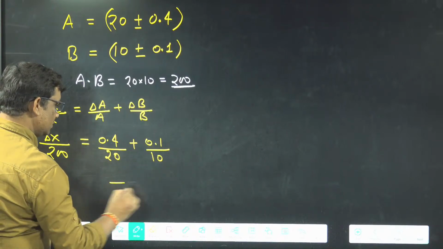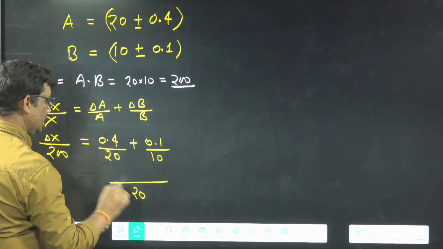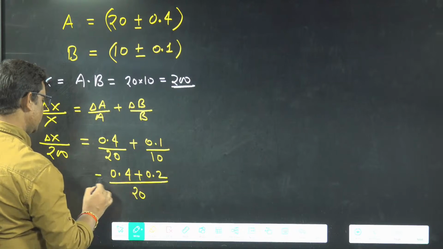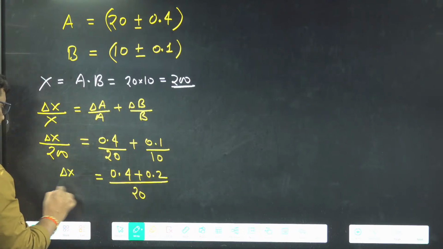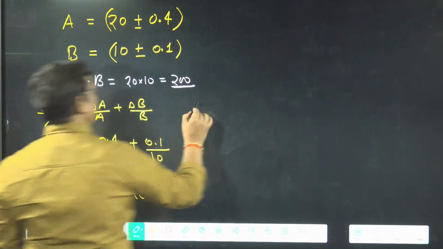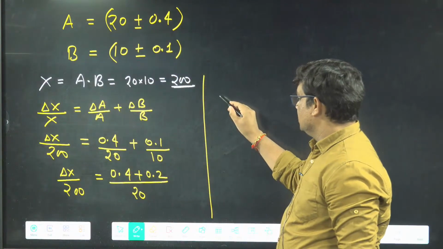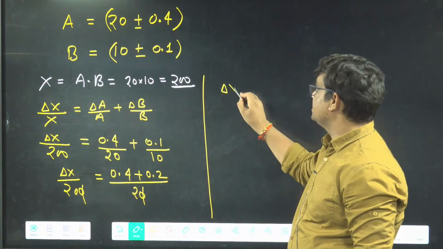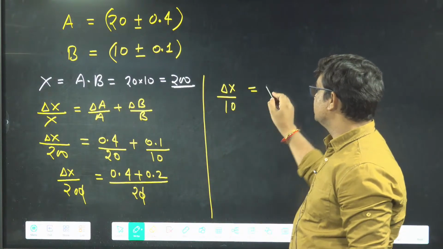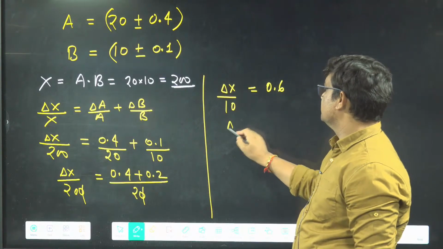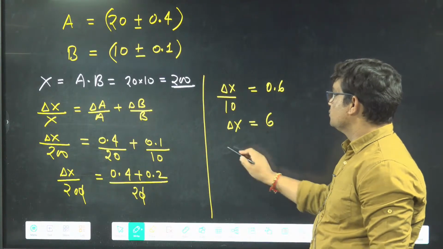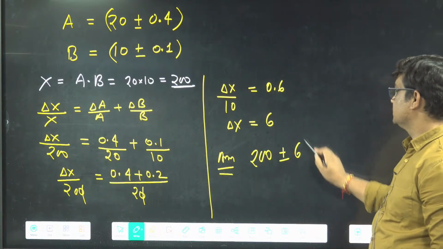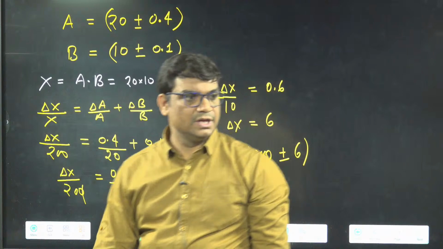Now take the LCM, 20. So this will be 0.4 plus 0.2 equals delta x by 200. Now 10 will cancel, so delta x divided by 10 equals 0.6. So delta x equals 6. So the answer is 200 plus minus 6. I hope this is clear.